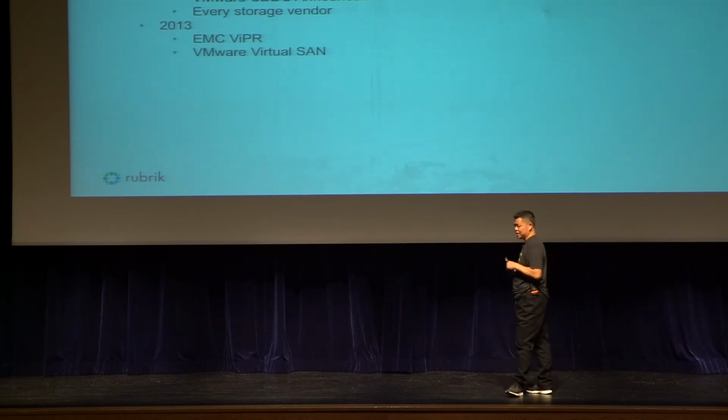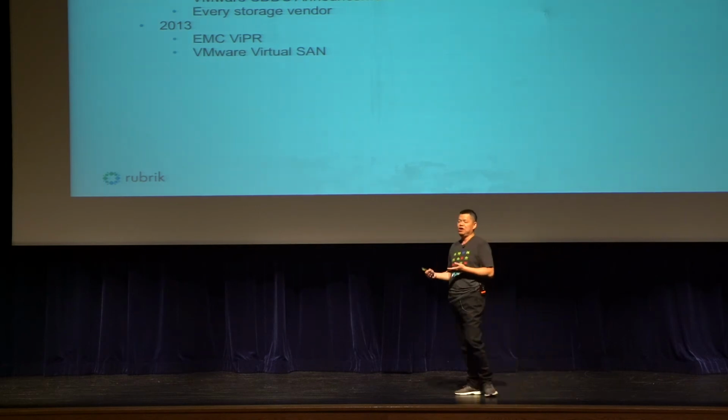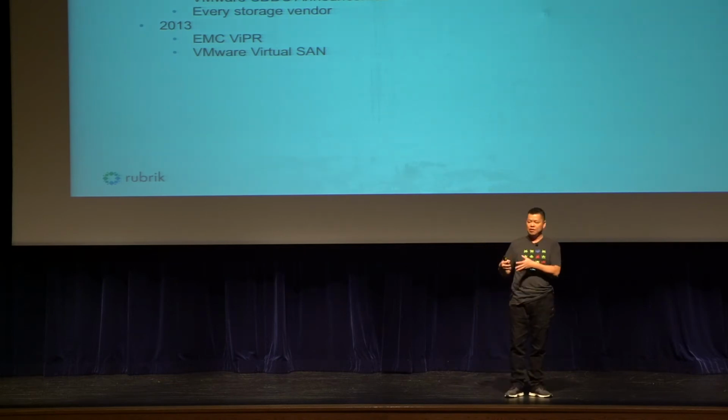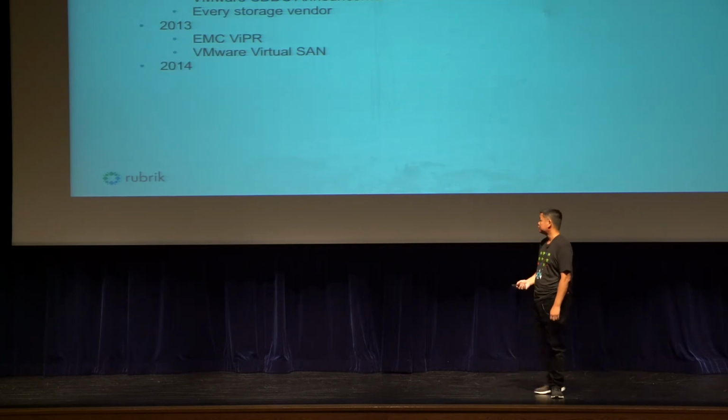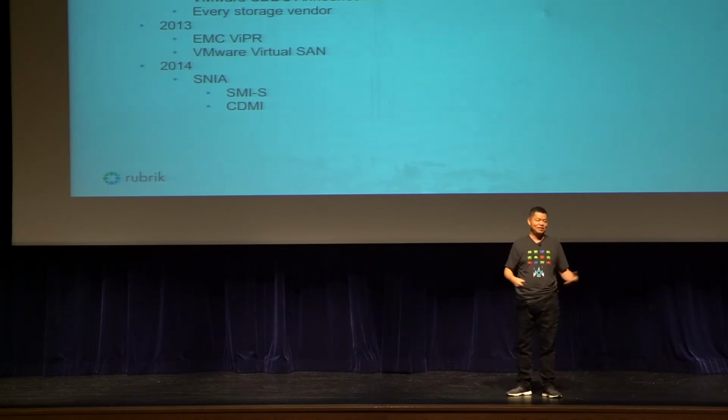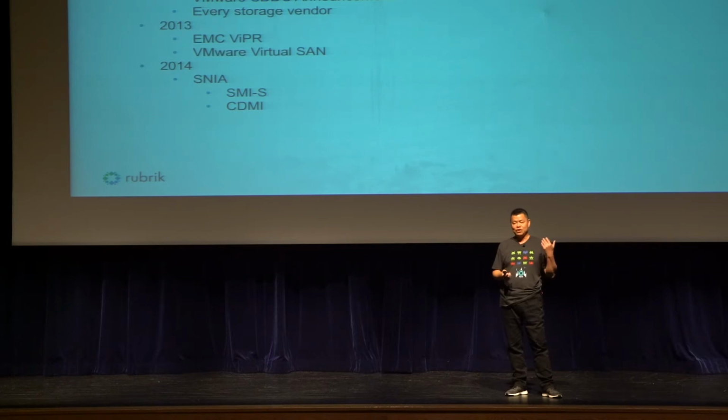And then that same year, VMware announced virtual SAN, which is now called vSAN, and that obviously became one of the core components of the VMware SDDC. Then in 2014, the Storage Networking Industry Association had to jump into the act, right? Because they didn't want to be left out. They came up with their definition of software-defined storage and a couple of standards for how you could manage such an environment.